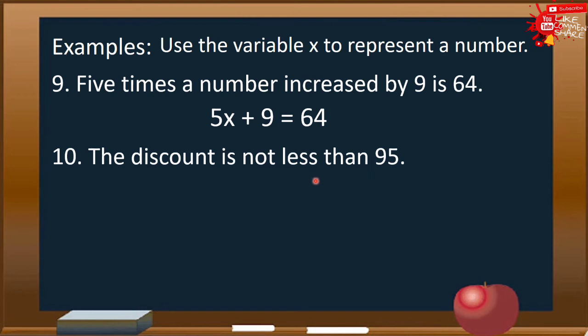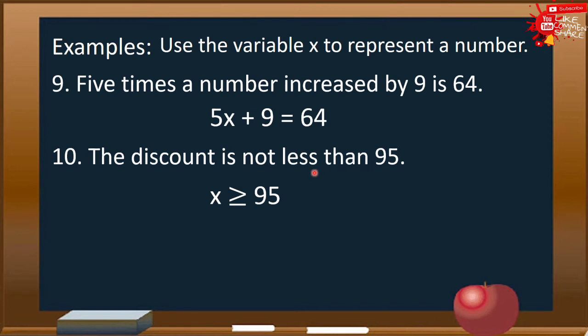So what will be the exact relationship symbol for is not less than 95? So we will have x, since x is represented in our variable in the discount, x is not less than, it means it will be greater than or equal to 95. So ito yung ibig sabihin ng is not less than 95.